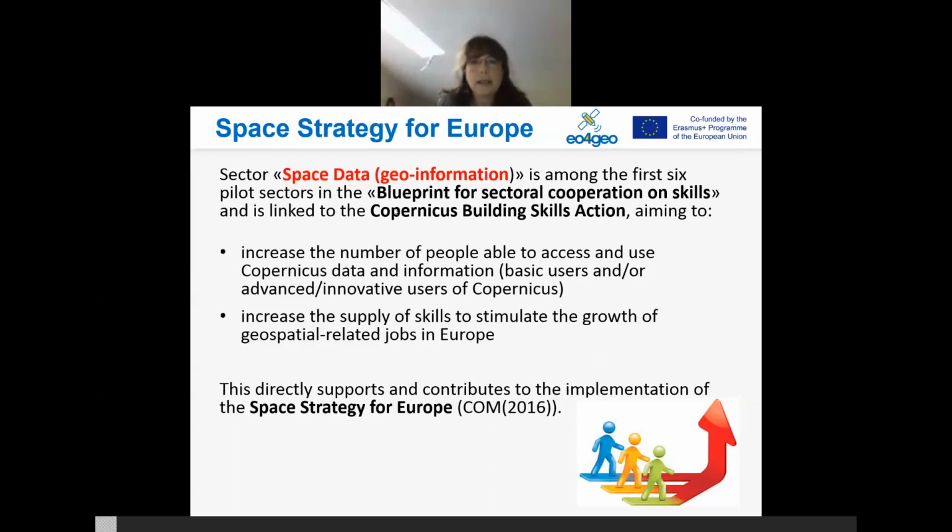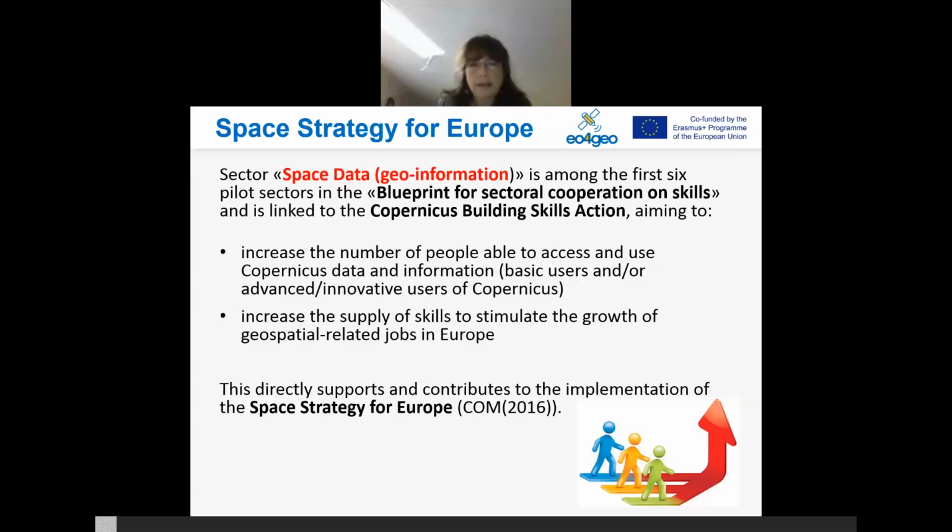EO4GEO is fully part of the Copernicus Building Skills Actions, aiming at increasing the number of people able to access and use Copernicus data and information, and increase the supply of skills to stimulate the growth of geospatial related jobs in Europe.